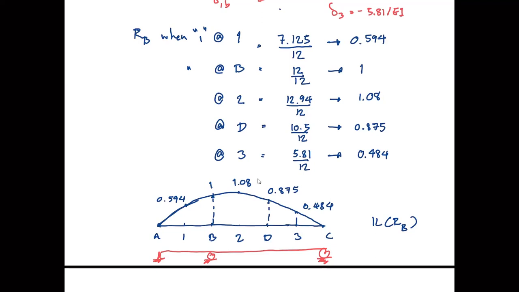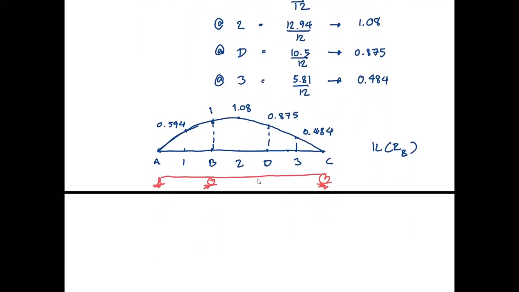Now it means that generally, if I draw this beam again, that's my A, that's my C. Now my RB is no longer unknown. So I can use this free body diagram to solve for my RA now, right?